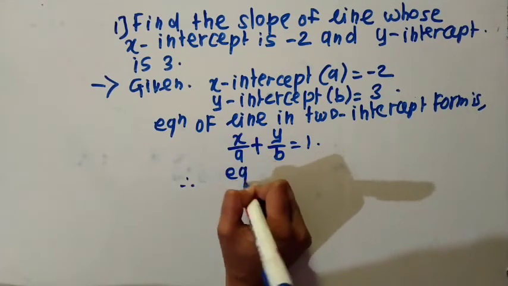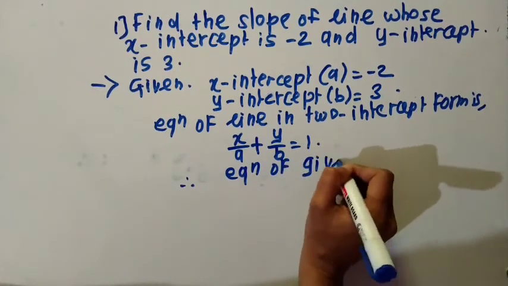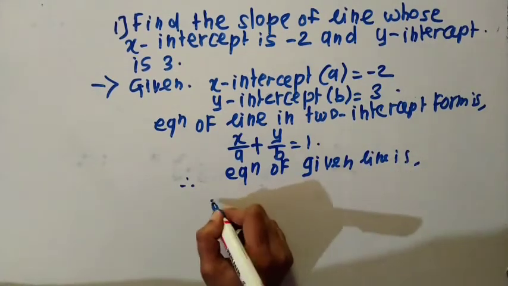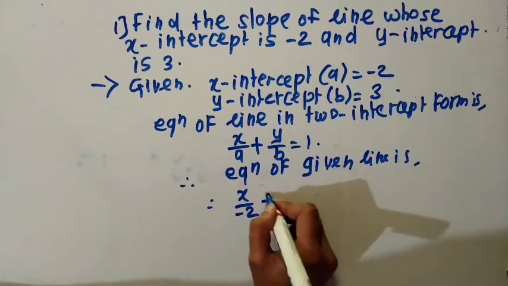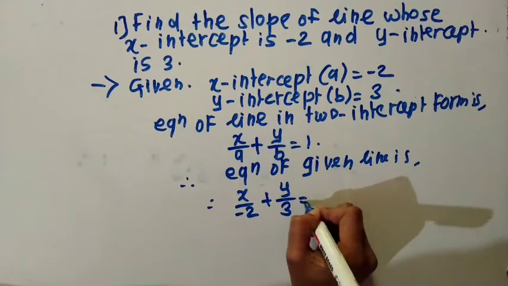Hence, equation of given line is x upon minus 2 plus y upon 3 is equal to 1.